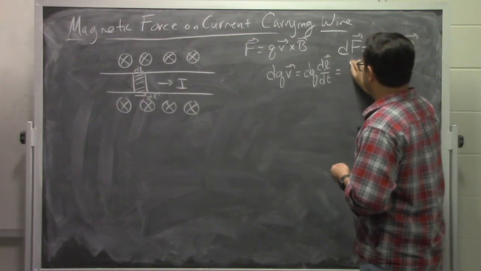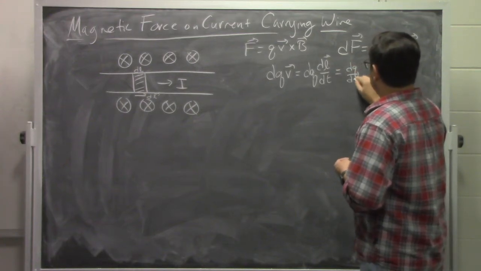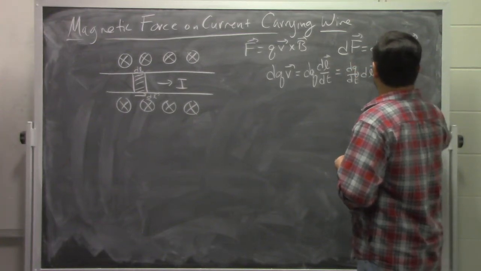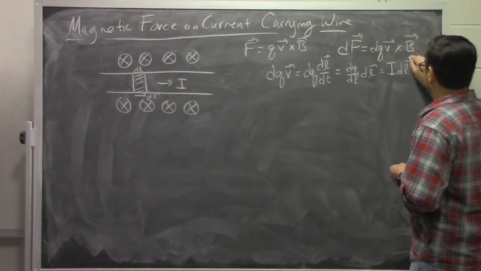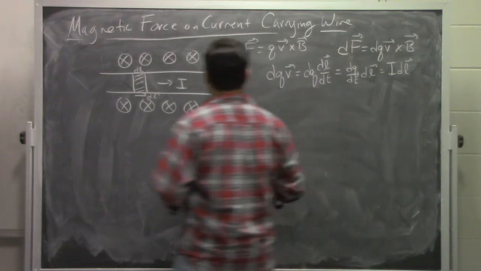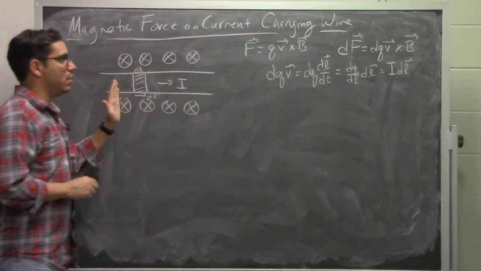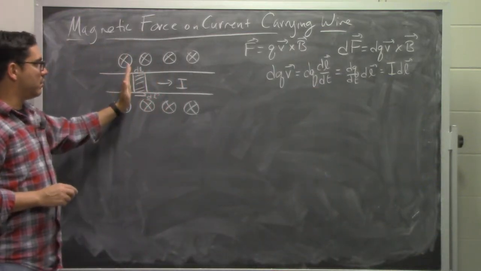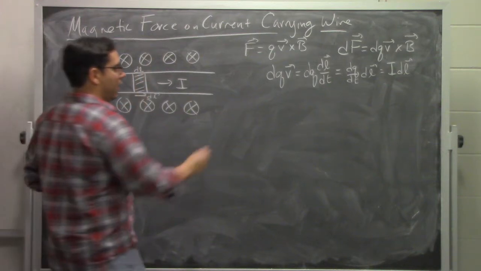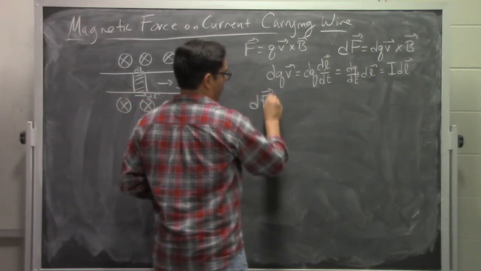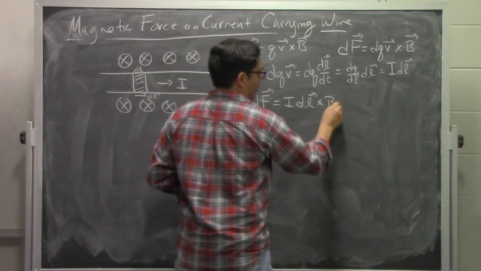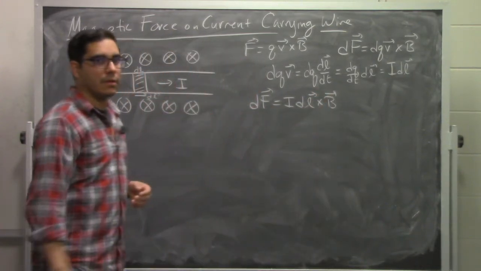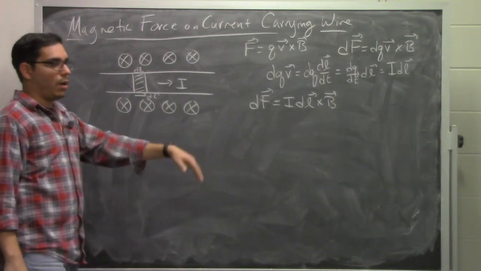We transferred the dt over to the dq, and we got that dqv can be written as the current times dl. So in fact, that little differential element of force, that is the amount of force that is applied to a little chunk of wire, is going to be equal to the current times dl cross B.